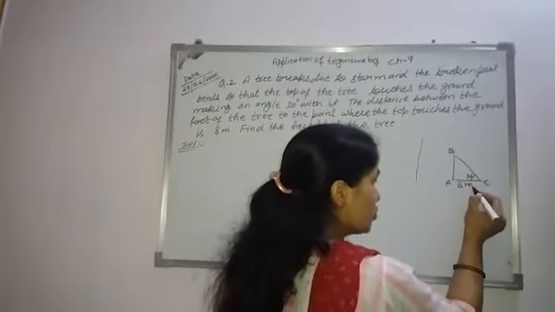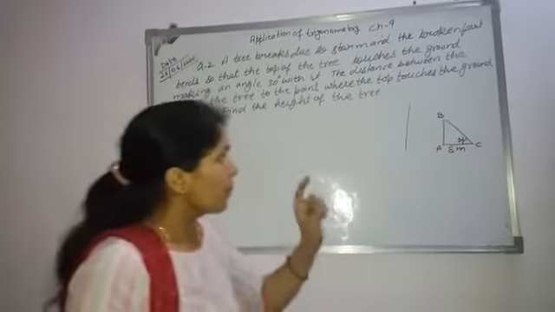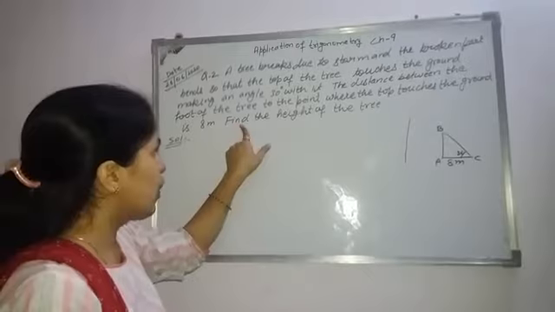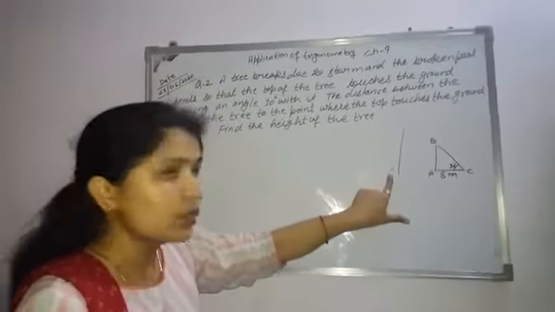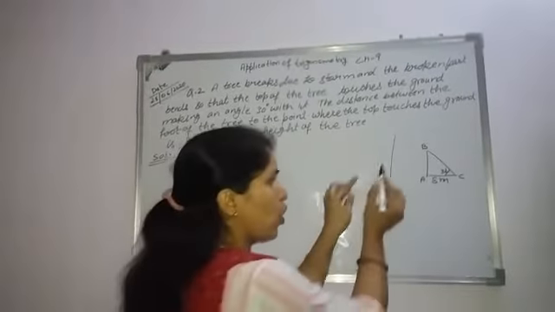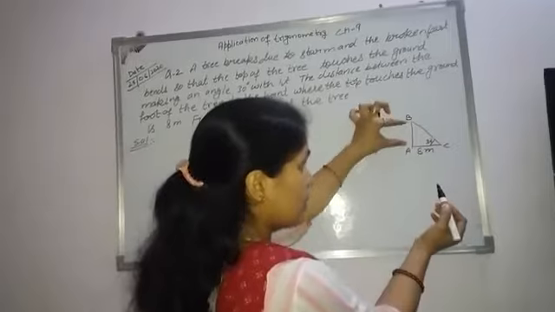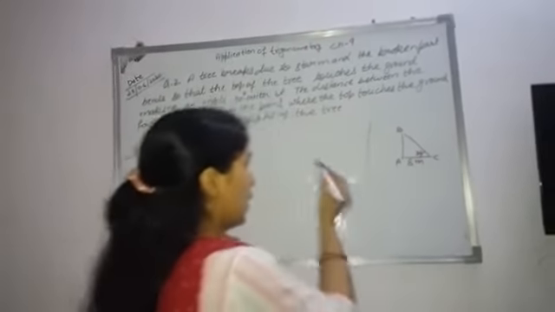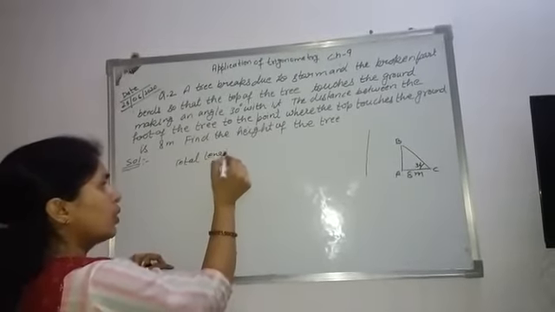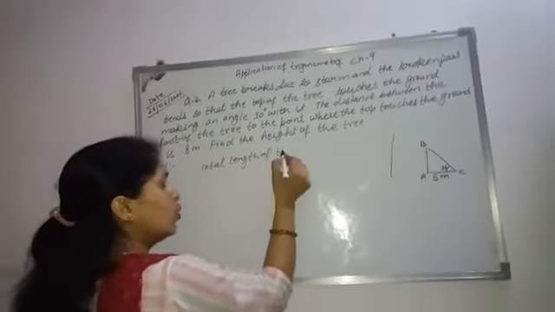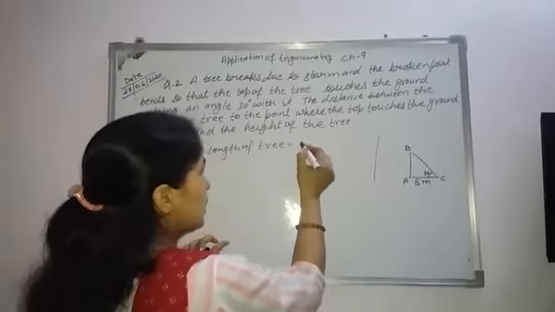So it means one side is given to us and one angle is given to us. Next, which value do we want to find out? Find the height of the tree. What is the total height? This is the total height. But due to storm, this tree breaks down. So it means AB plus BC. Can we say that? Total length of tree. What is the total length of tree? This is AB plus BC.